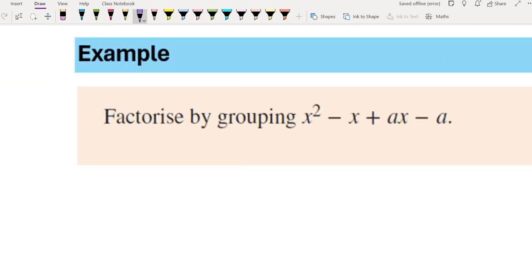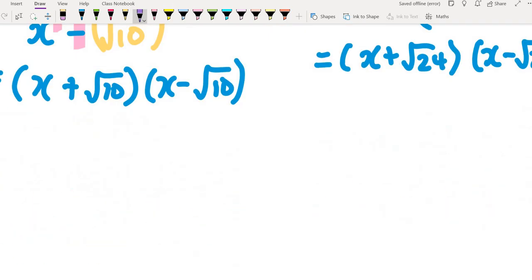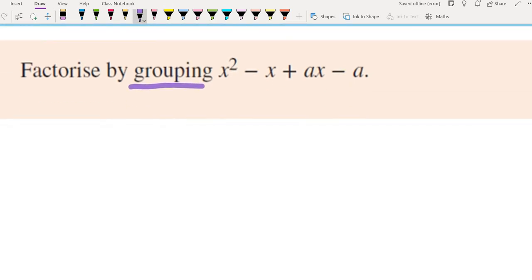Alright, the very last method that we'll use to factorize quadratics in this video is by grouping. This is useful when we have 4 terms like this. From what we've learned so far, no method is going to apply here, because there's just a bunch of terms that are not useful.